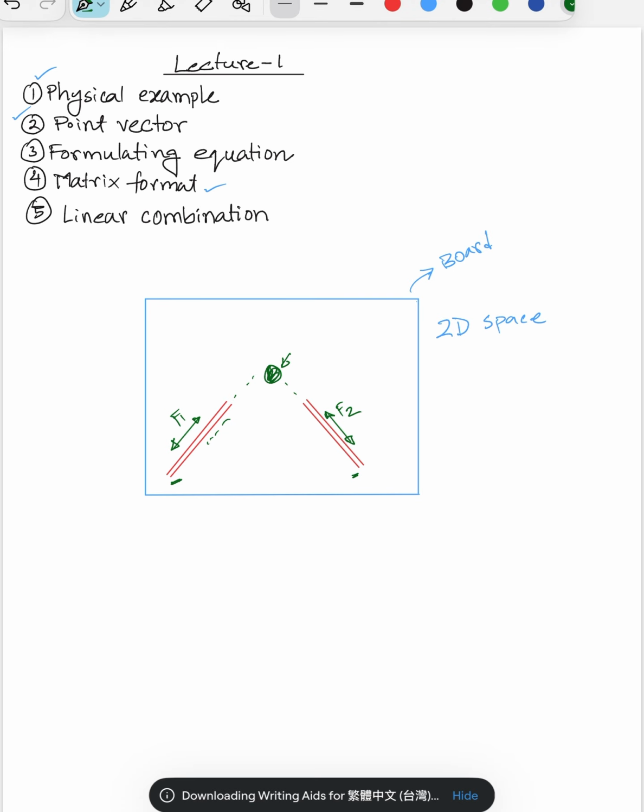So this one we want to move, and we want to control where we want to position this. So along this whole two-dimensional board, it can be moved anywhere. That is our purpose. Now the question is, can we actually do that?